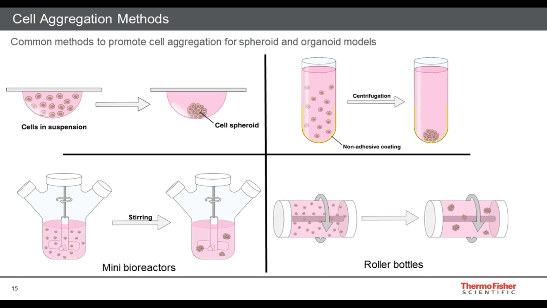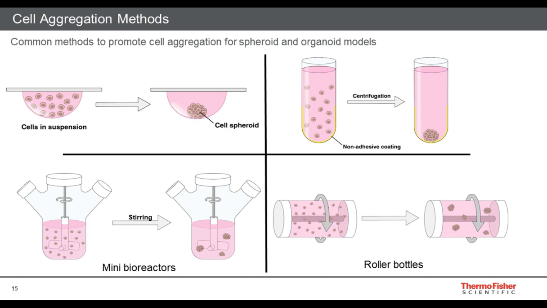This can also be achieved somewhat more easily in methods such as on the right here, where this is meant to be an illustration of a single well in a 96 well U-bottom super low or non-adherent plate.